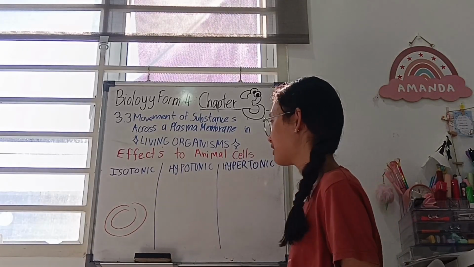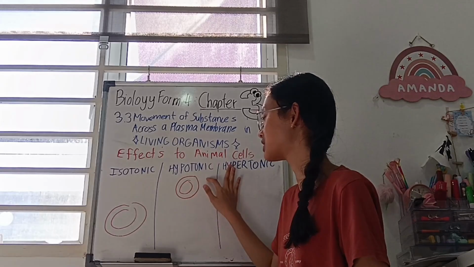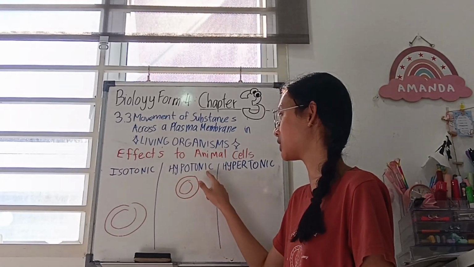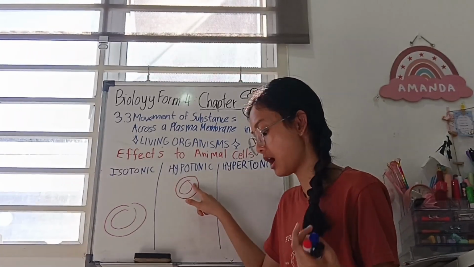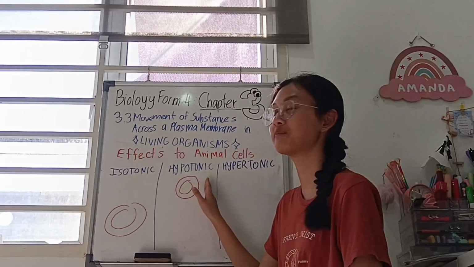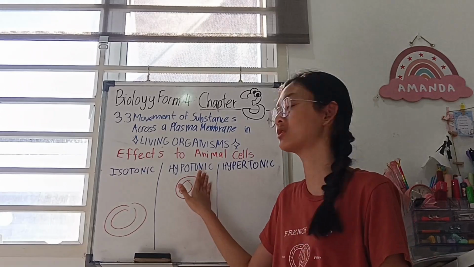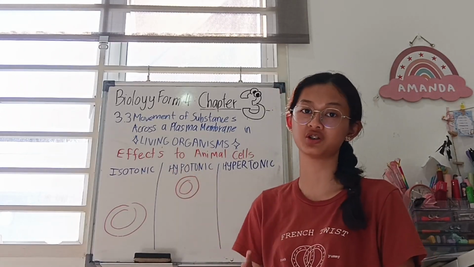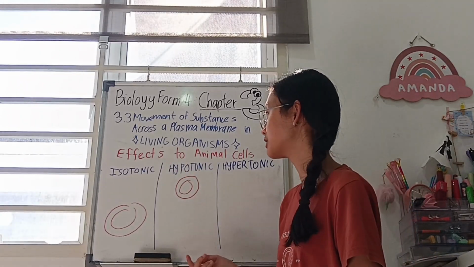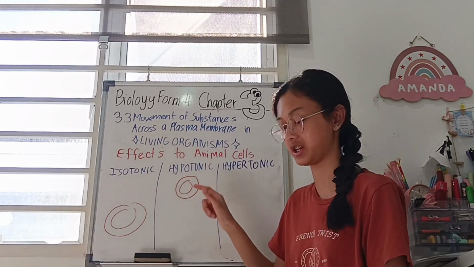But what if the cell is in hypotonic solution? So the extracellular fluid is hypotonic to the intracellular fluid of the red blood cells. Hypotonic means that the solution has a low concentration of solutes, right? So that means there's more water inside the extracellular fluid.